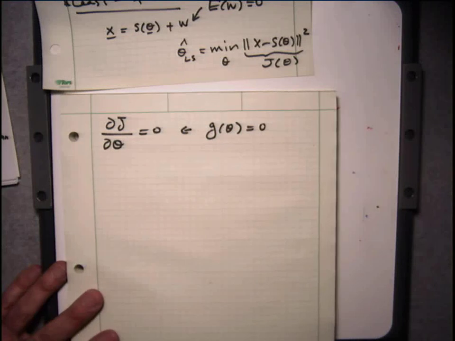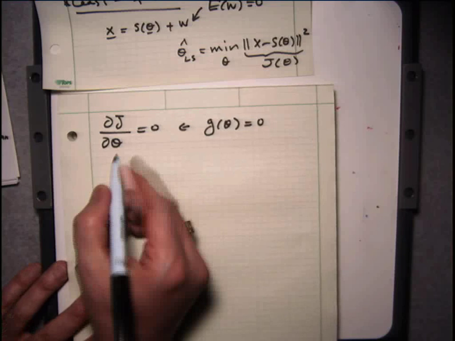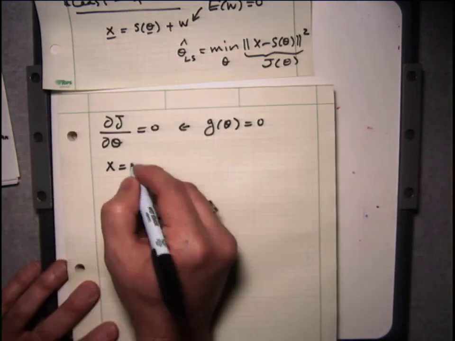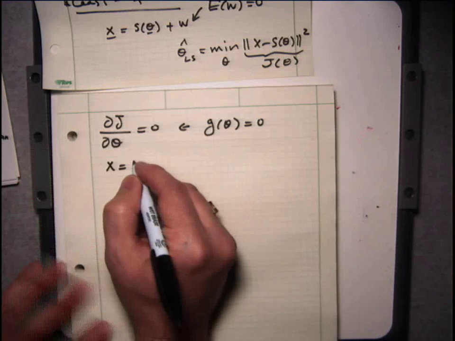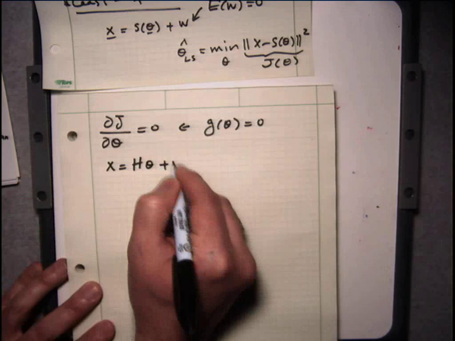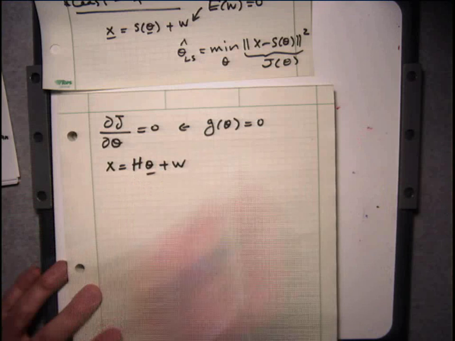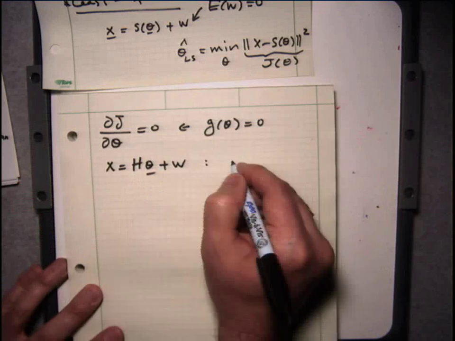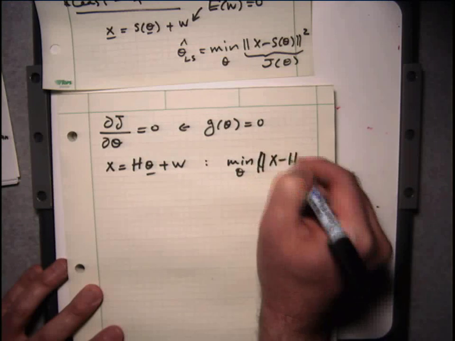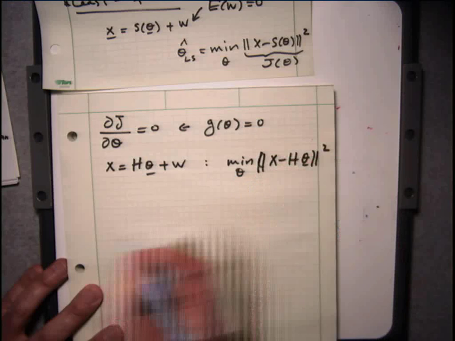Now, more specifically, if the signal has a linear model, let's say H theta plus w, then the least squares problem is minimizing over theta the norm of x minus H theta squared.